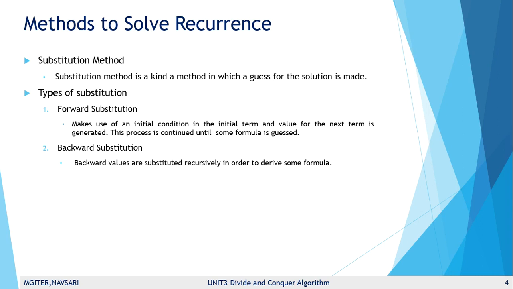In forward substitution, we make use of the initial condition in the initial term and generate the value for the next term. This process continues until some formula is guessed. In backward substitution, the backward values are substituted recursively in order to derive some formula. The second method to solve a recurrence relation is the master method.